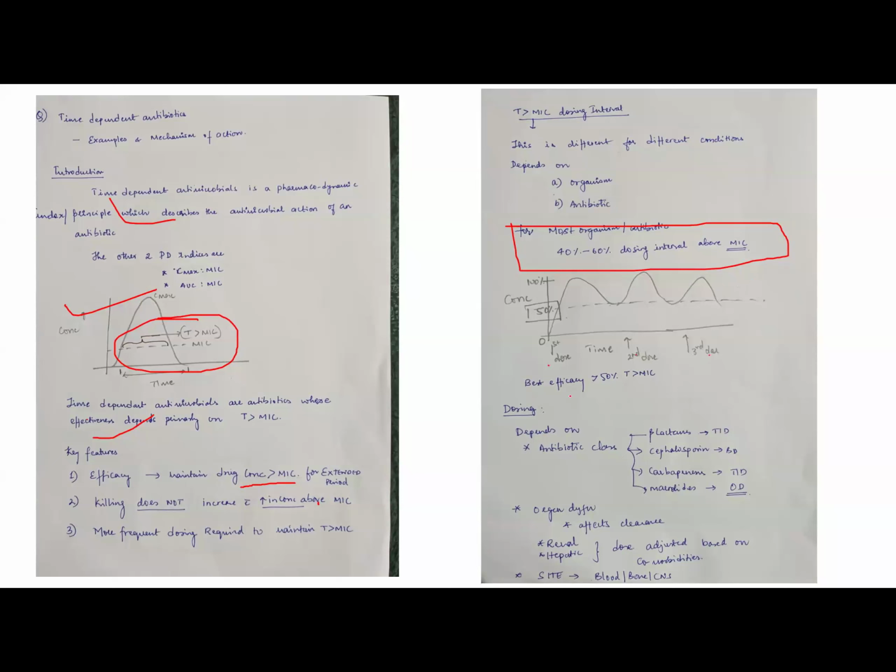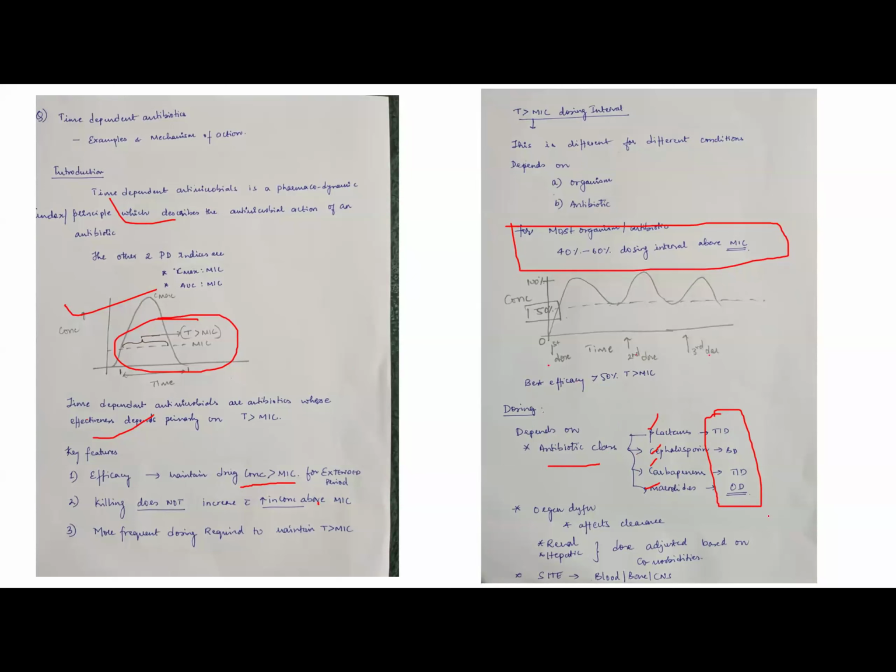Coming to dosing, always remember there are a lot of antibiotics with this particular mechanism, that is the beta-lactams, cephalosporins, carbapenems, and macrolides. They have different dosing intervals, but all that matters is the type of antibiotic and its PK/PD principle, which guides us to that particular dosing interval.